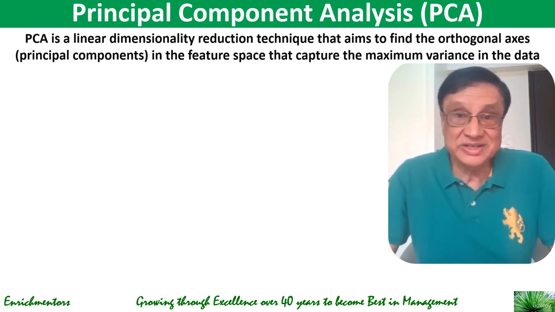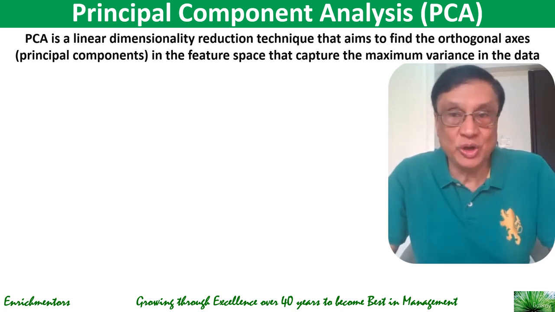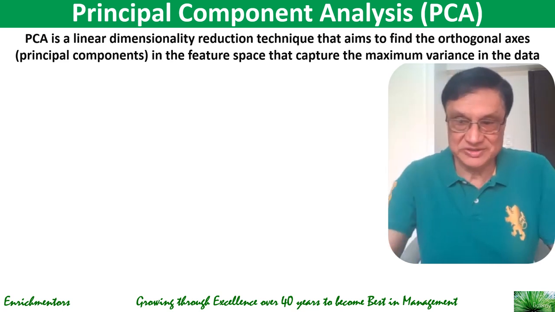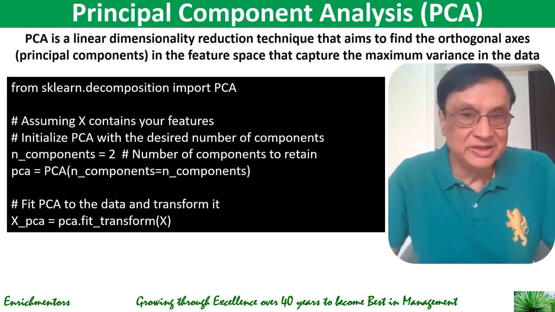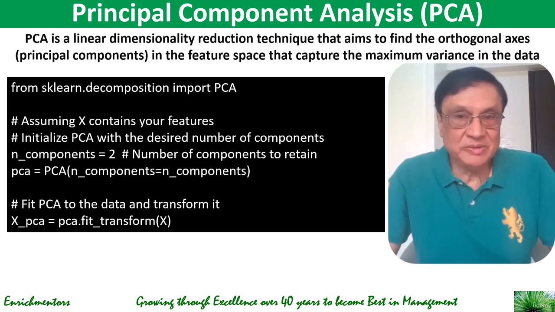Now, how can you do that? You need to run the program in sklearn decomposition, import PCA, and then you assume X contains your features, and initialize PCA with the desired number of components. If you want two components, put n_components equal to 2. If you want more, you can do more. And then fit PCA to the data and transform it, and you get your two main components or three or four main components, right?